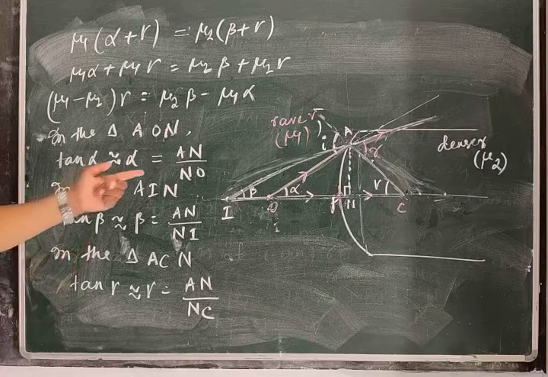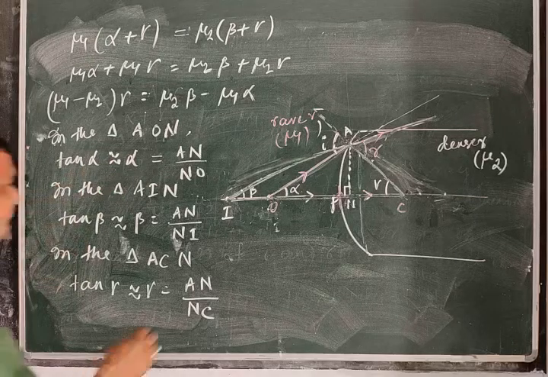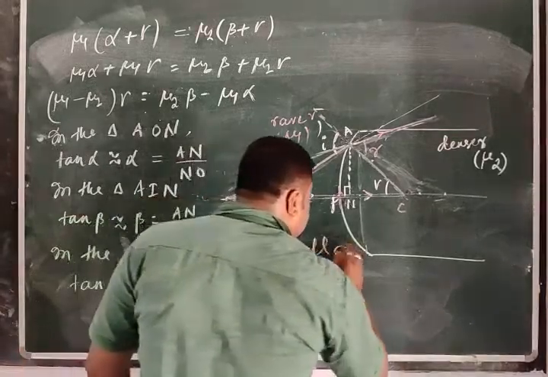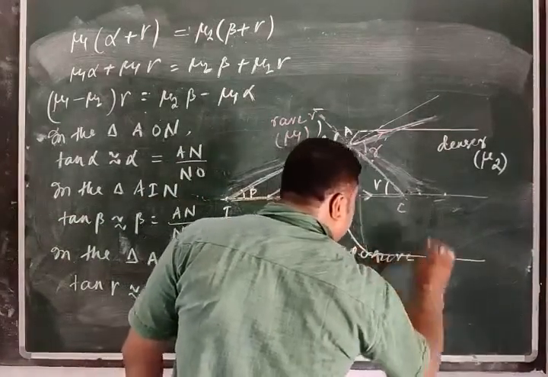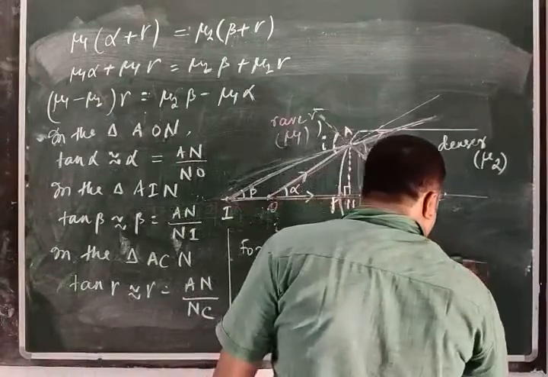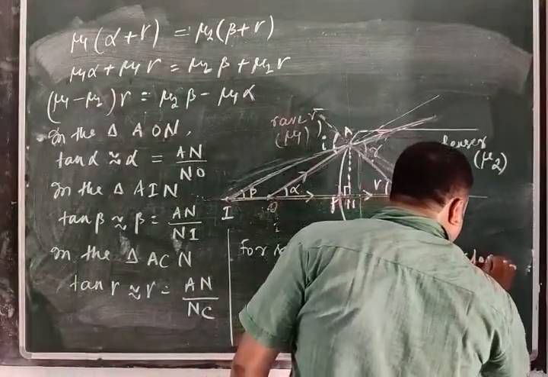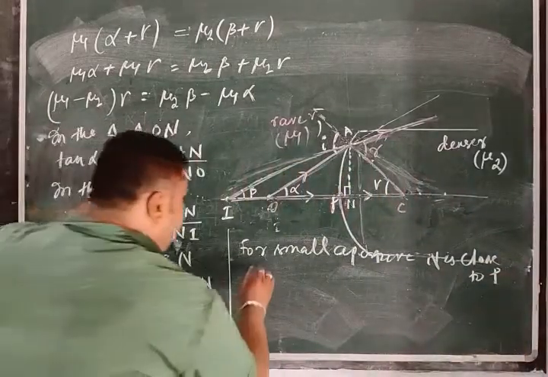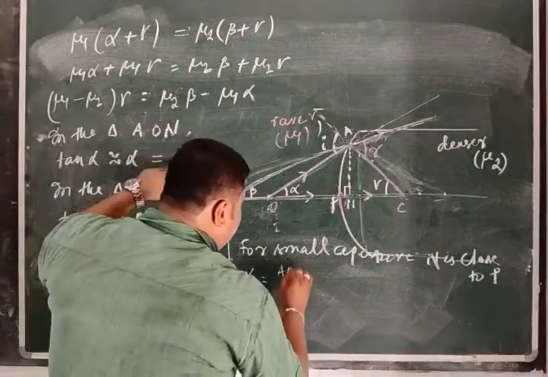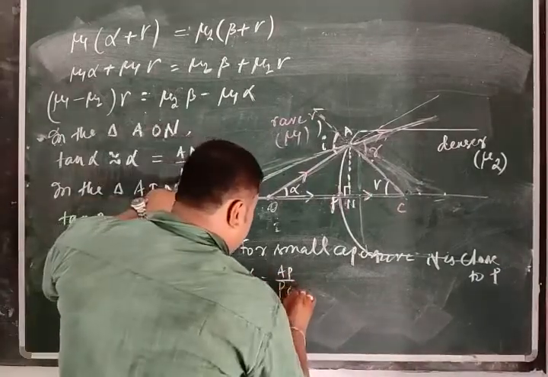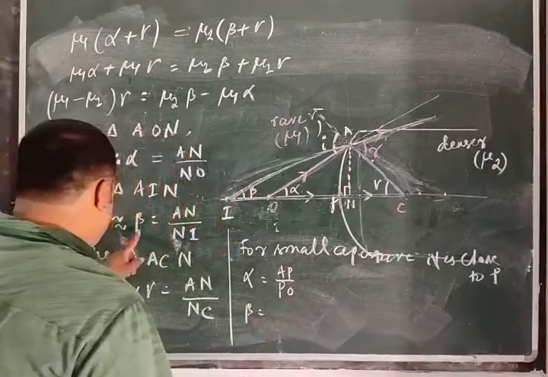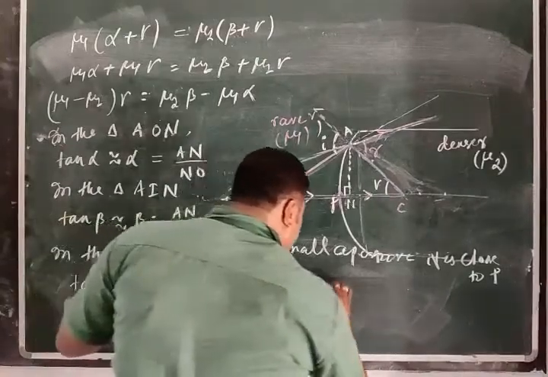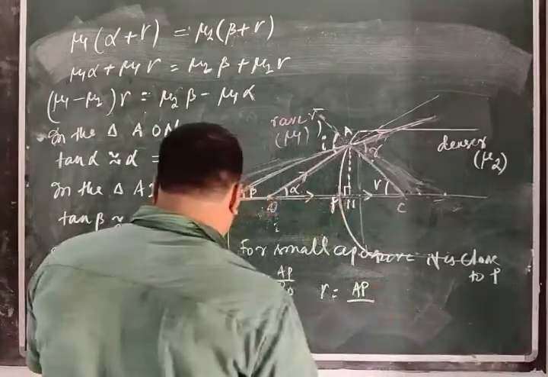And for small aperture, we can take N is close to P. So for small aperture N is close to P, so I can write alpha is equal to AP by PO, beta is equal to AP by PI, gamma is equal to AP by PC.